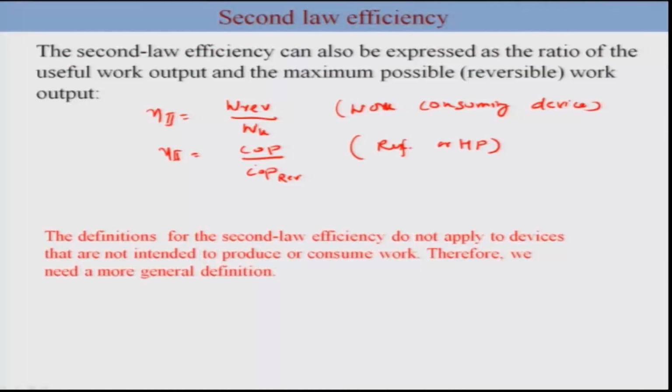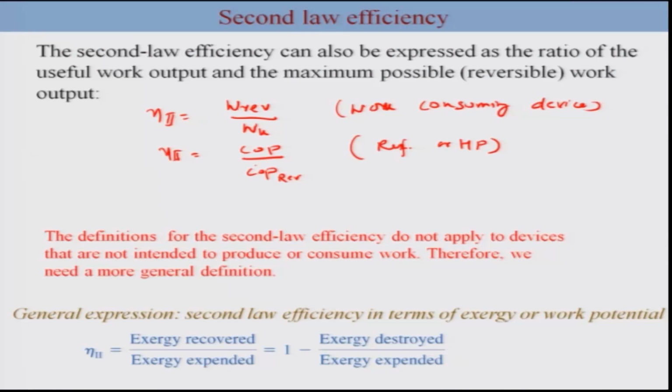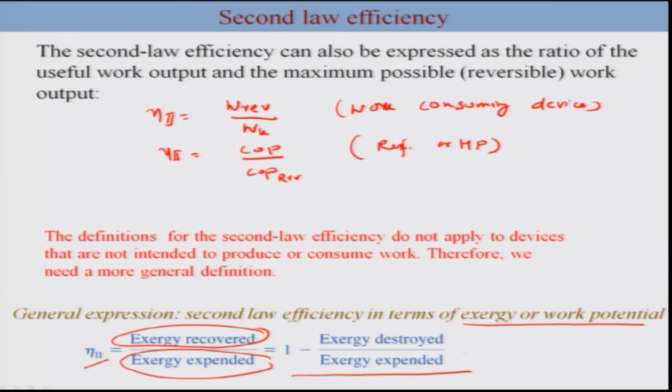Therefore, we need a more general definition, and it will be in terms of exergy or work potential. So, eta 2 would be exergy recovered divided by exergy spent, or in other words, 1 minus exergy destroyed divided by exergy expended. We are going to spend more time on this definition and on making use of this efficiency in terms of exergy in the later part of this topic.